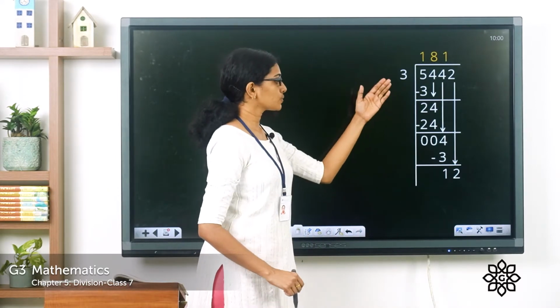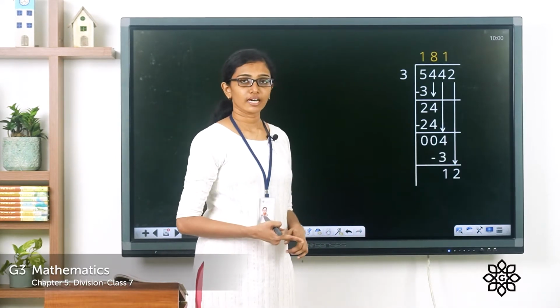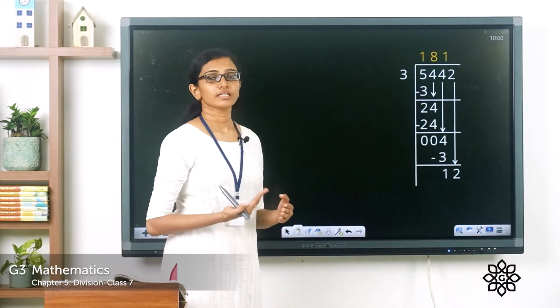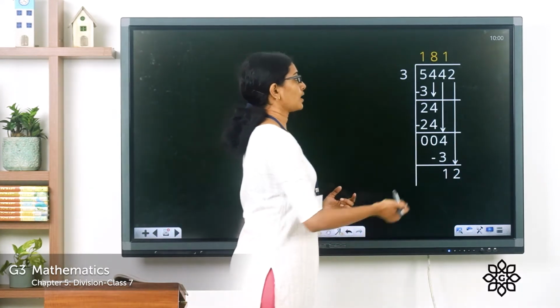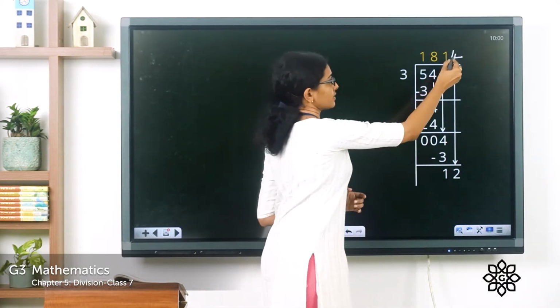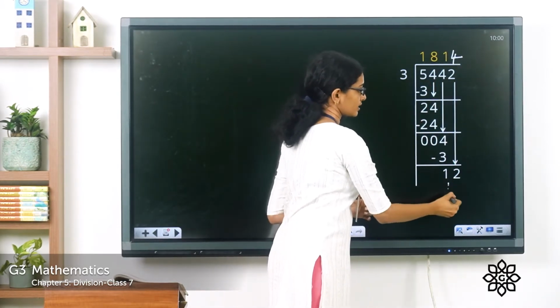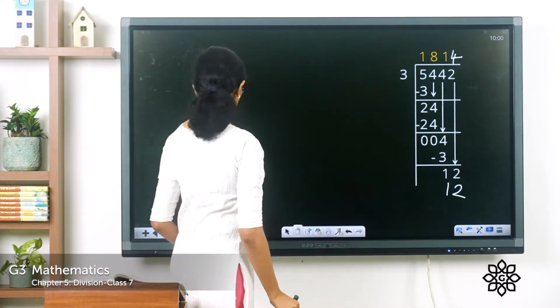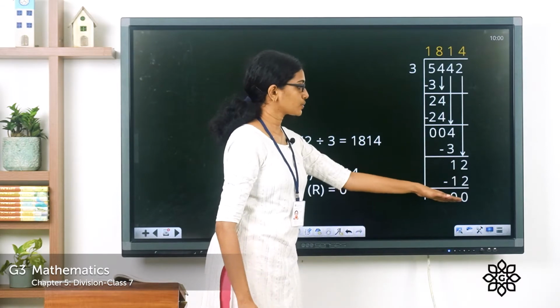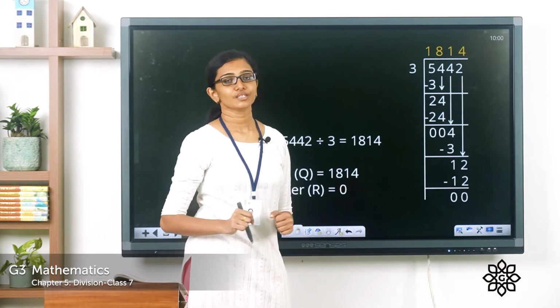And how many 3's will go in 12? 3 1's are 3. 3 2's are 6, 3 3's are 9, and 3 4's are 12. So let's write 4 here. 3 4's are 12. So what is the next step? Subtract the numbers 12 minus 12 and we get the remainder 0.